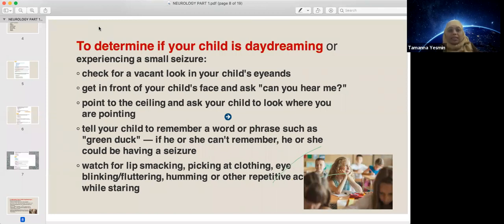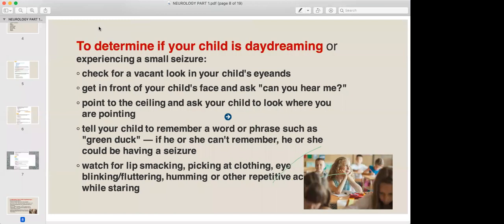Now let us see what is daydreaming. I just told you that there is an option for daydreaming. We will discuss. So what is daydreaming? Who can tell us the difference between daydreaming and absence seizure? The child cannot recall the incident before in case of absence seizure.